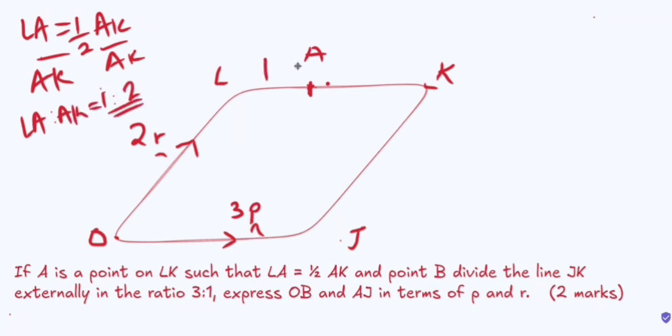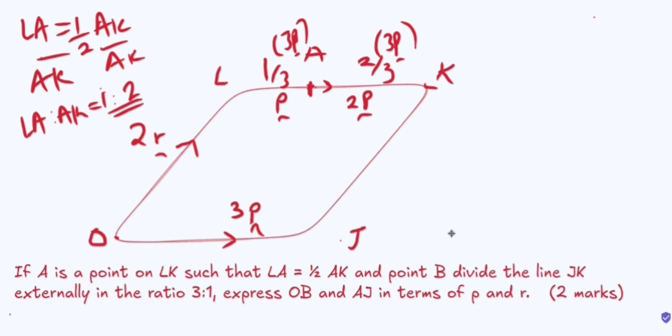So here it is 1 and here it is 2. So obviously here it is 2/3, and here it is 1/3. So this is 1/3 of what? It is 1/3 of 3P. This is 2/3 of 3P. To be on the safer side, a third times 3P, here it is P and what remains is 2P.